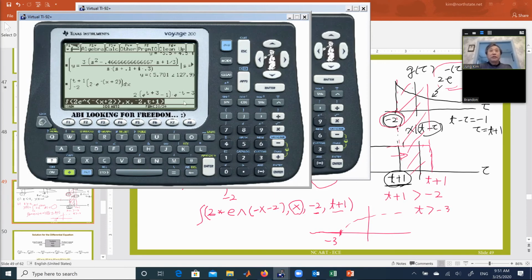Okay, so this is the integration range. You can combine something. In this case, you may combine this one and this one and this one. So exactly. Anyway, this is the integration result.